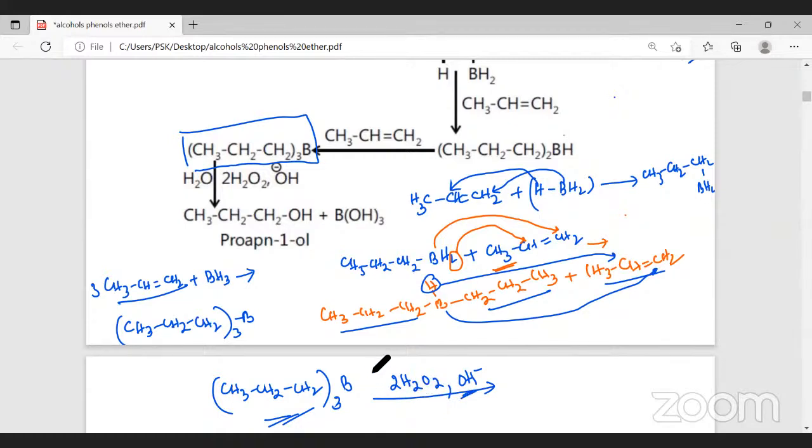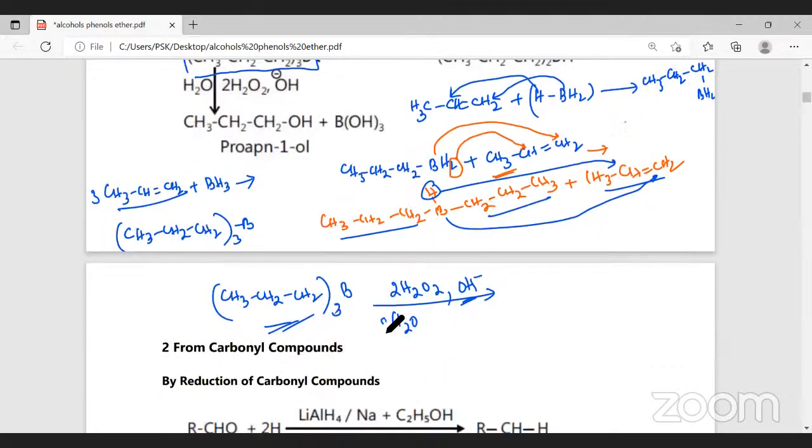This undergoes hydrolysis. So what happens is this boron reacts with water. I can write 3 moles of water. So when we write 3 moles of water, we can write 3H and 3OH. So boron reacts with water to form H3BO3.